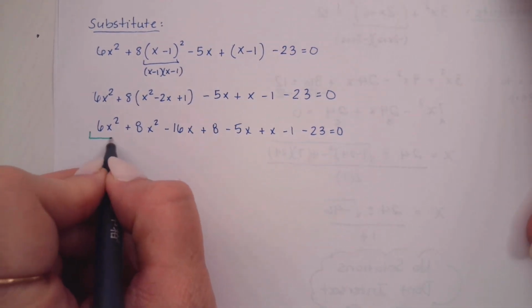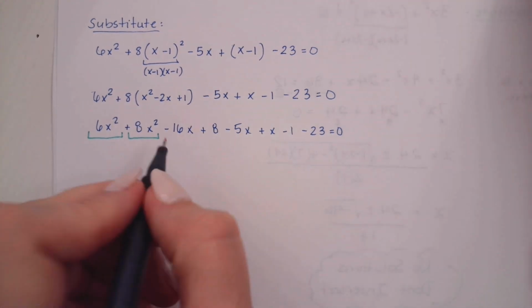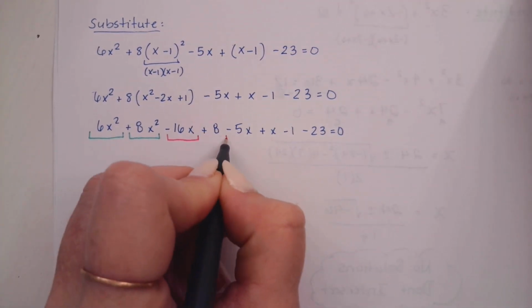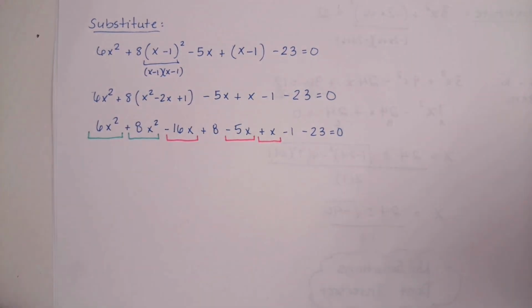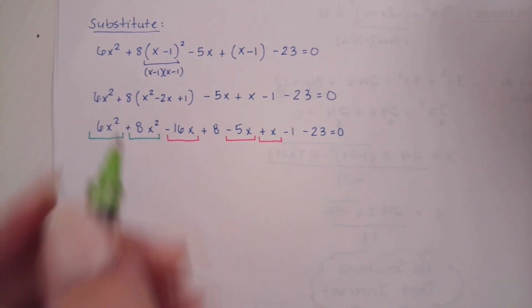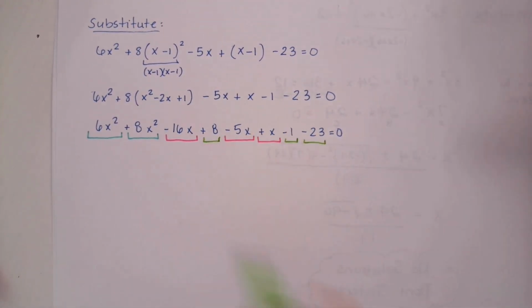Okay, looking for like terms, we got a 6x squared and an 8x squared. We have some x's that would be in a group: -16, -5, +1, x. And then we have just numbers that would be in groups together. Let's use green. We got this 8, this -1 and this -23.